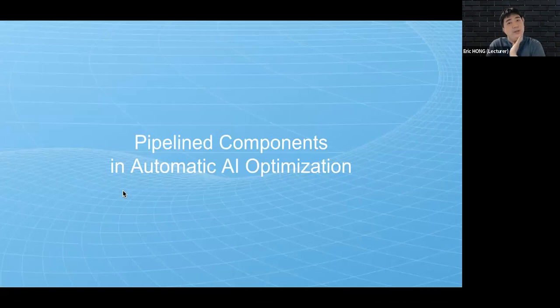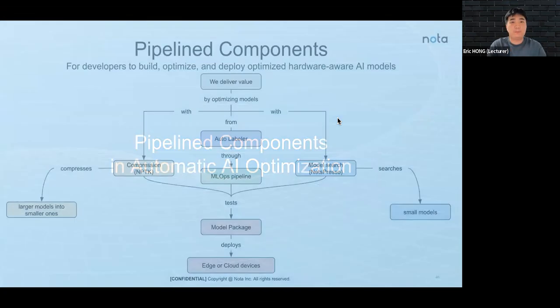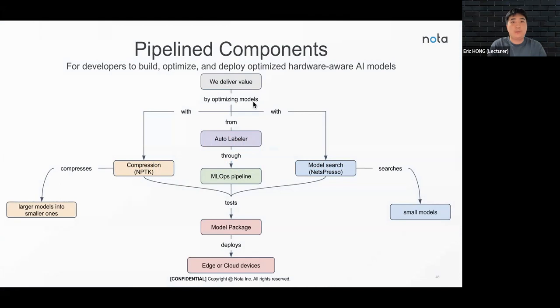The Nespresso is actually not an individual service, but a pipeline of components like this. We deliver by optimizing models from the auto labeler through the MLOps pipeline to model package, to deploy to edge or cloud services.